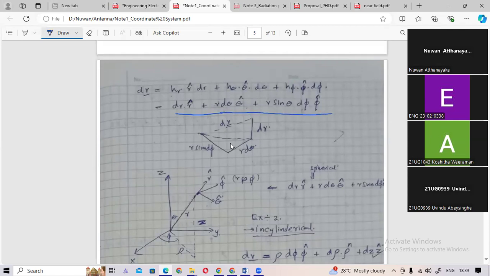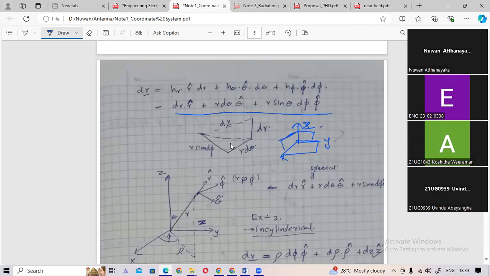If you need to do the surface integration in Cartesian or rectangular coordinates, you know that it is x, y, z. So the surface may be the xy surface, or the zy surface, or the other surface, the zx plane. So these are the surfaces.